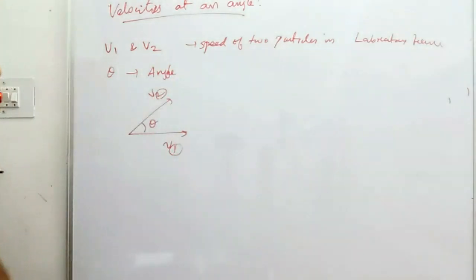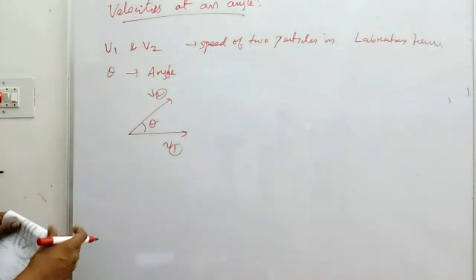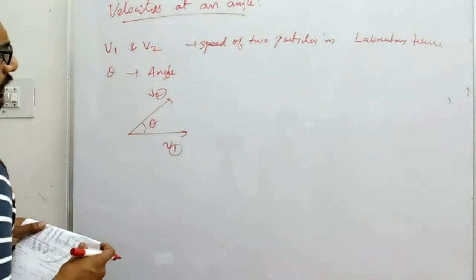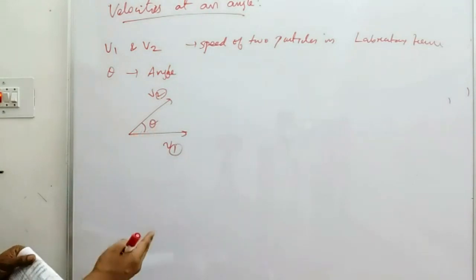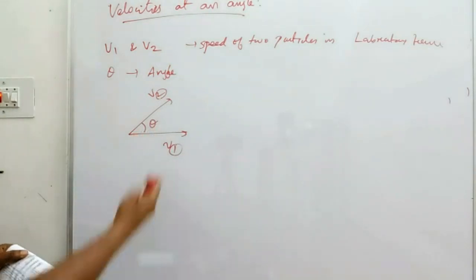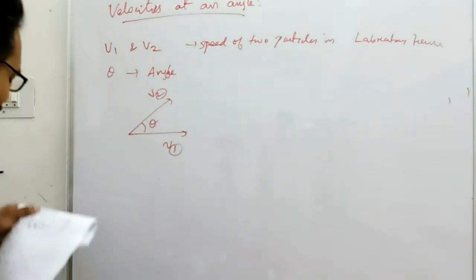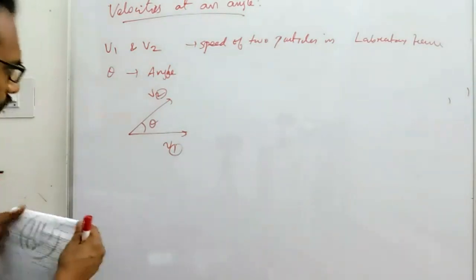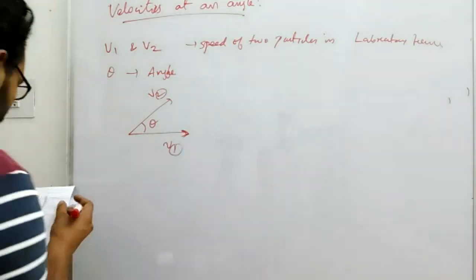We know that there's a different transformation rule for velocity in the longitudinal direction and in the transverse direction. So you have to just take this into components and use the velocity addition rule. The directions of velocities are given like this, so you can be a bit careful.